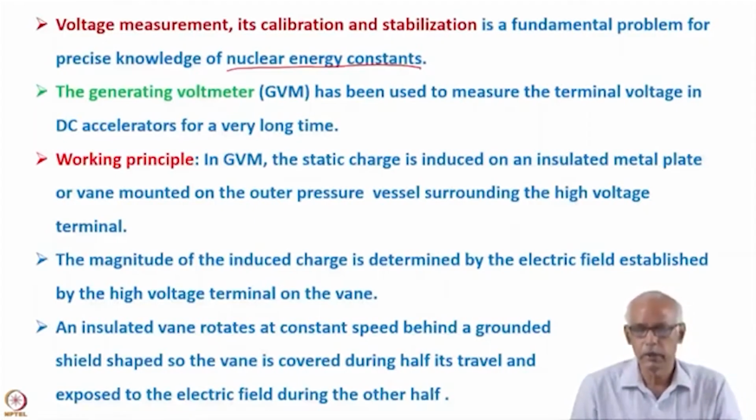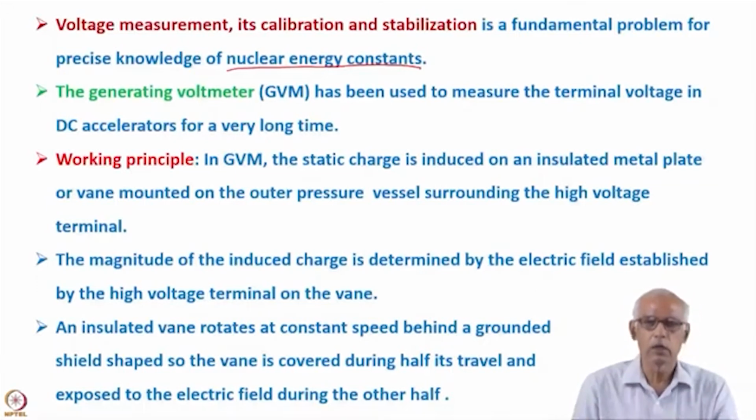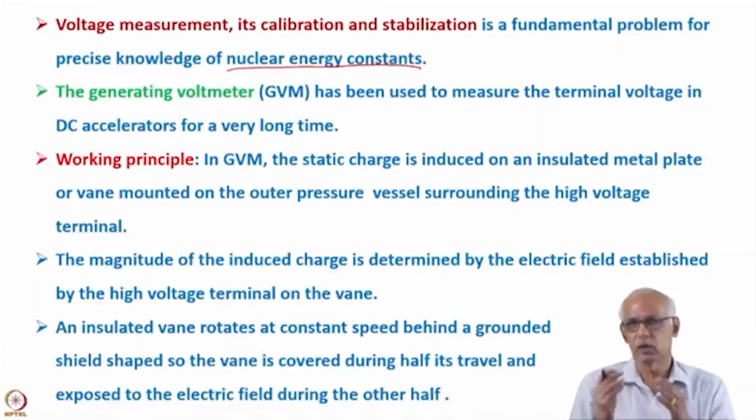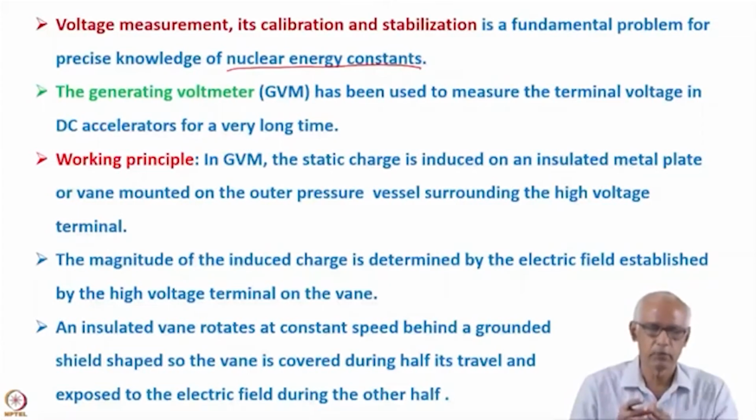So in GVM, what happens? Static charge is induced on an insulated metal plate, or we call it vane, mounted on the outer vessel. As I said, the outer vessel together with the high voltage terminal forms the capacitor, and the outer vessel is grounded.